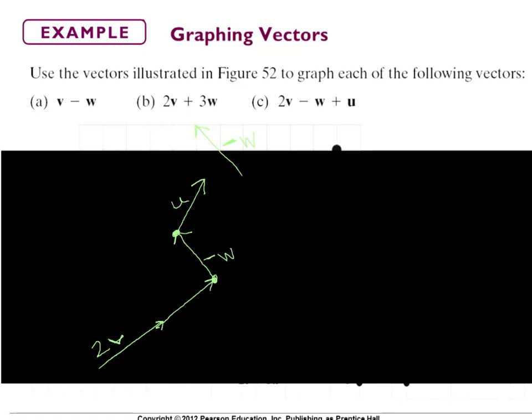Okay, so this is my initial point. This is my terminal point. And when I add those vectors all together, this is the answer. The blue vector is the answer. The blue vector is 2v minus w plus u.